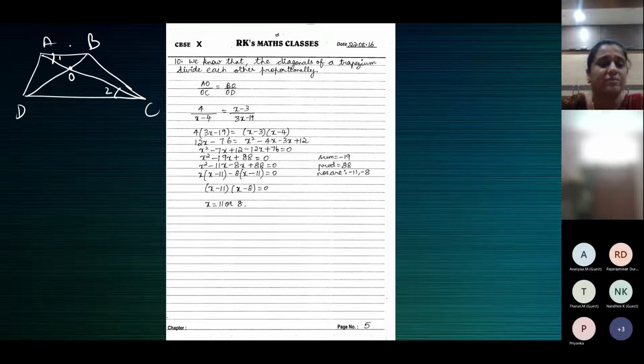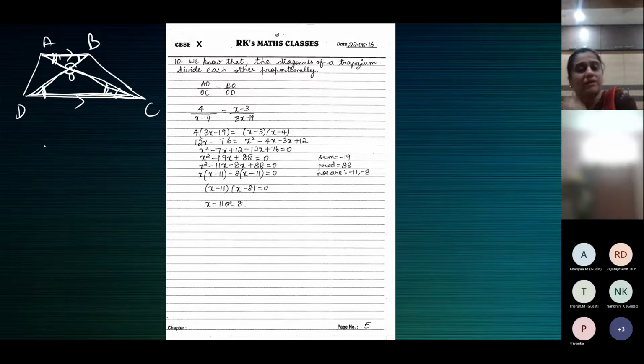Alternate angles are equal because it's a trapezium: parallel line, transversal, parallel line. This angle is equal to this angle, alternate angles, and vertically opposite angles.